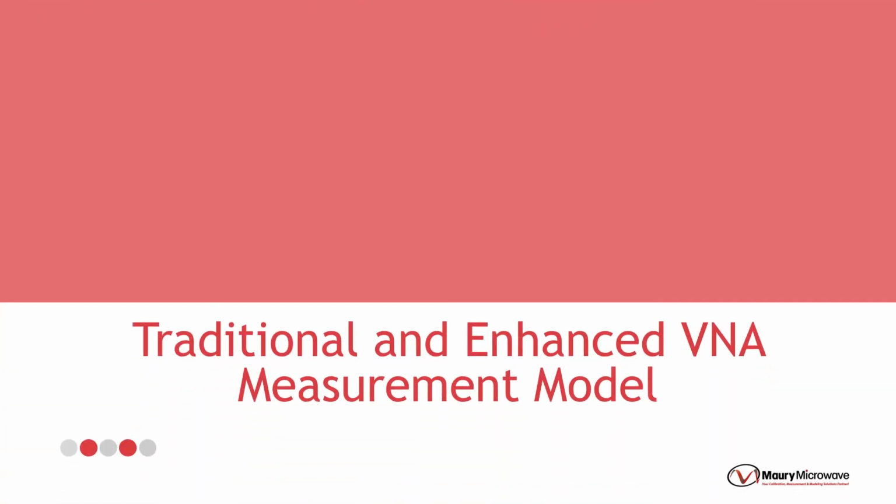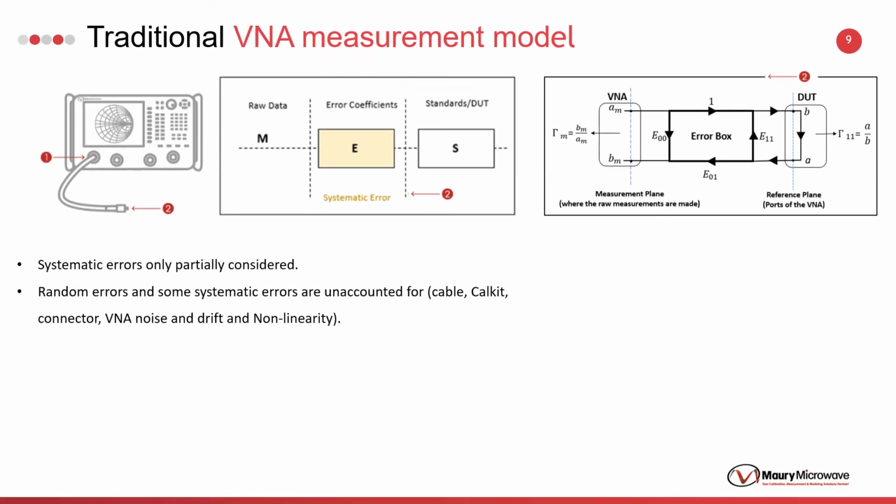After talking about the need for uncertainties in S-parameter measurements, let us now talk about the VNA measurement models, the traditional and the enhanced measurement models. The traditional VNA measurement model is a very simple one. It consists of an error box or error coefficients cascaded with the S parameters of the DUT or the Cal standards.